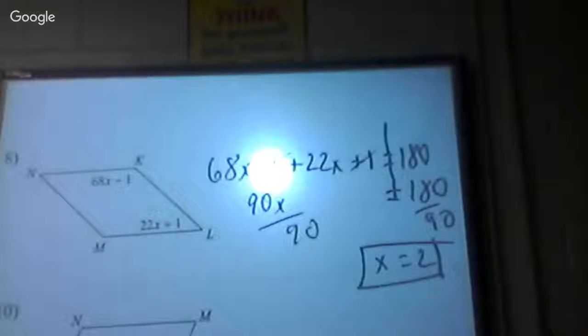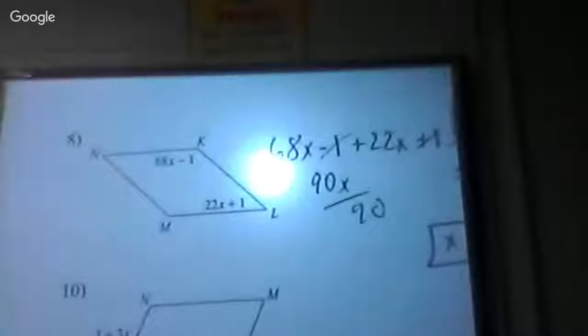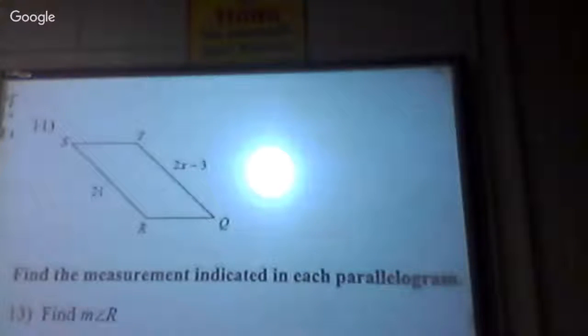All right, so what I'll do here is I'll leave 9 and 10 to work on in a few minutes. So on the back, number 11, we would just set those equal to each other.